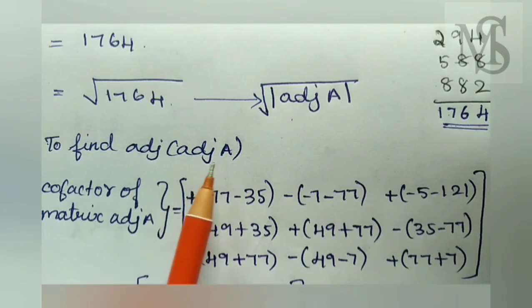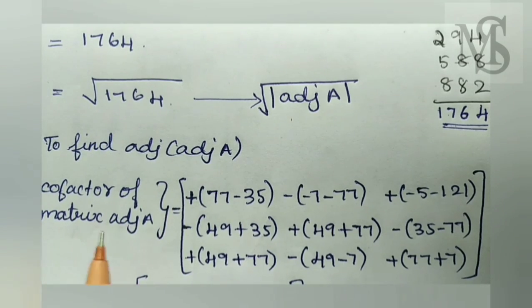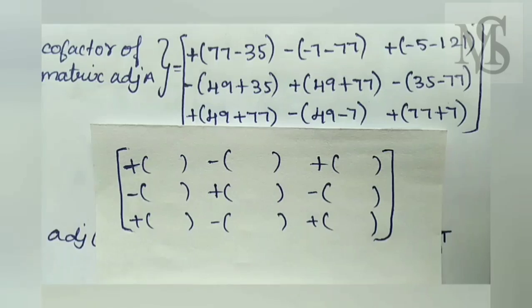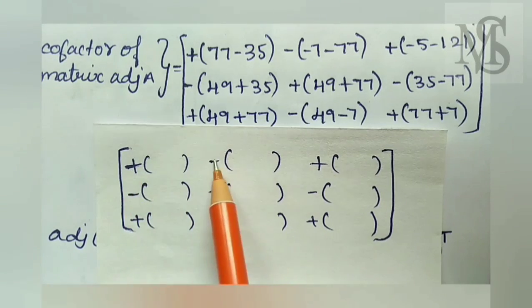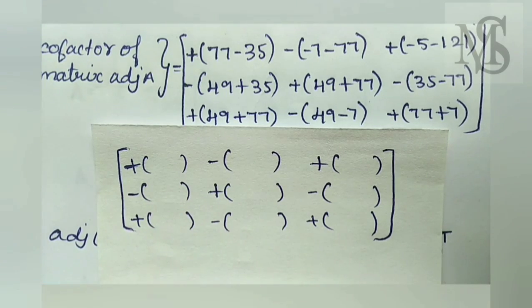To find adjoint of adjoint A, we have to take the cofactor of matrix adjoint A. The easy method of finding this is to write the signs plus, minus, plus, minus, plus, minus, plus, minus and plus first with the brackets, then fill the brackets.